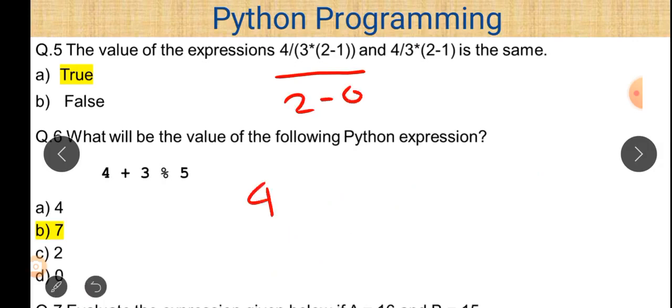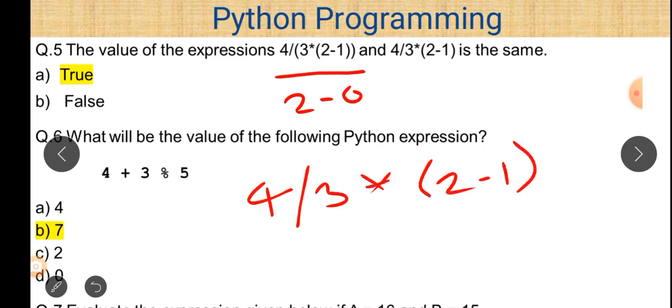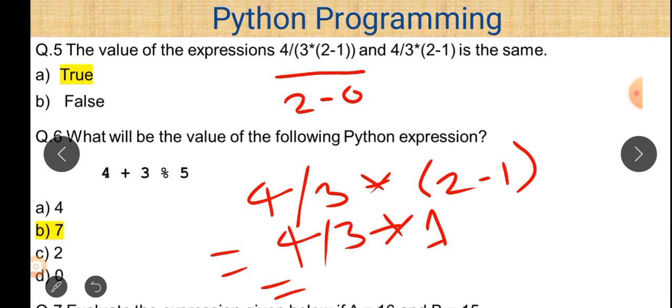Now 4 slash 3 multiplied by 2 minus 1. There is only a single parenthesis here, so our answer is 1. So we get 4 divided by 3.